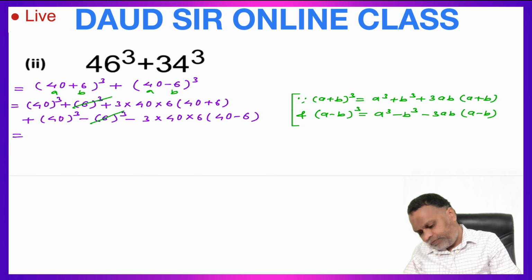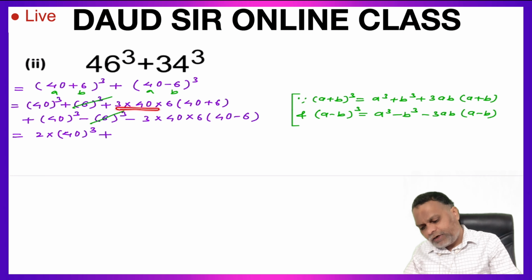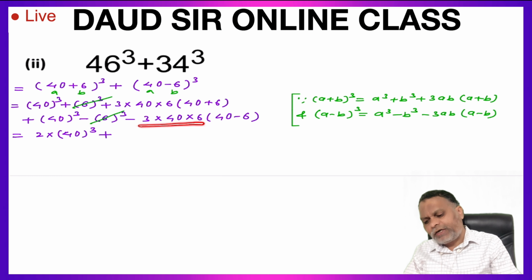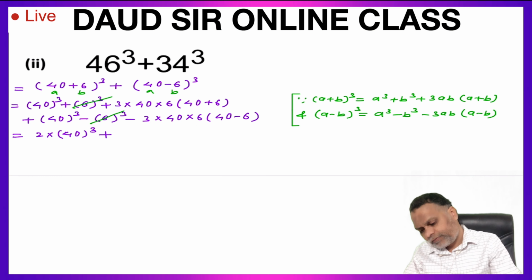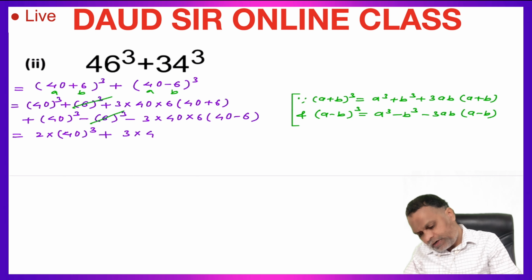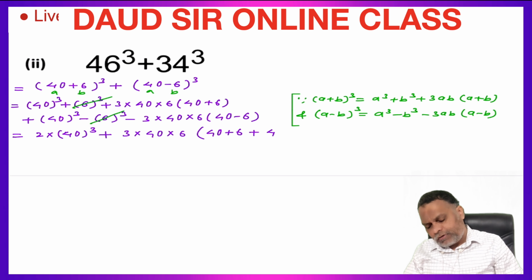Which is equal to, here this 40 cube and 40 cube coming 2 times, so 2 times 40 cube plus here 3 into 40 into 6, and 3 into 40 into 6 we can take out common. So 3 into 40 into 6 common, here 40 plus 6 left, here 40 minus 6, and the minus sign multiplies, we have to multiply by the minus sign.